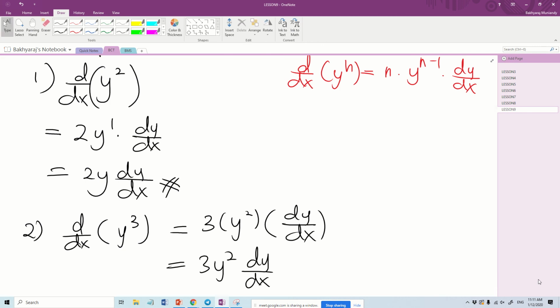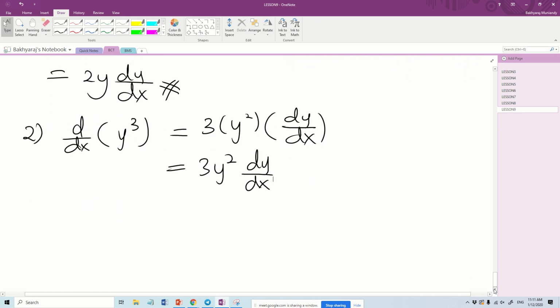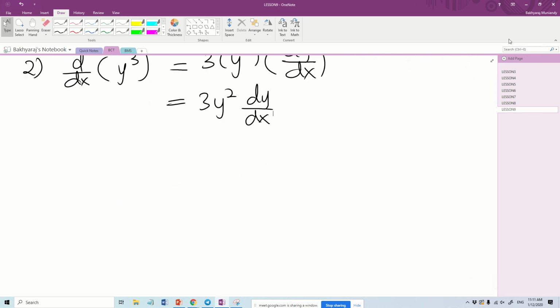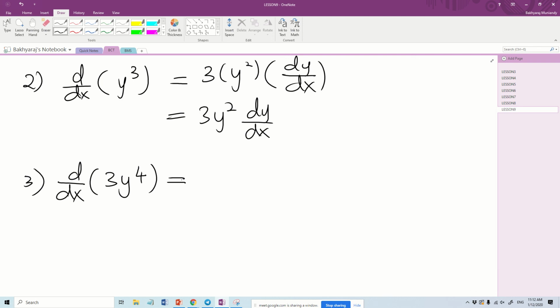Okay, one more simple example. Number 3, let's say I give you d over dx of 3y power of 4. What is this answer? 12y power of 3 dy dx. Correct, betul.